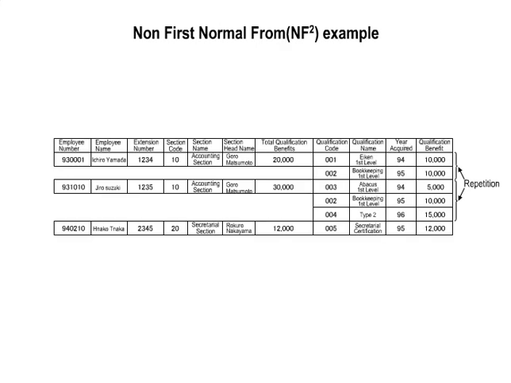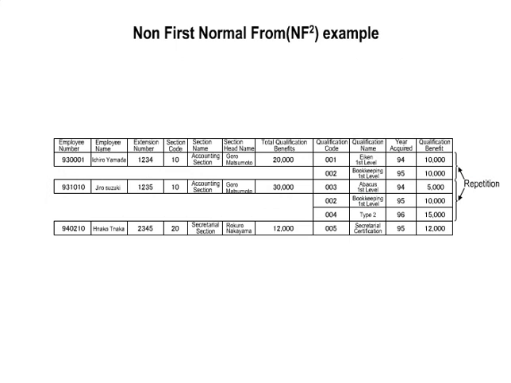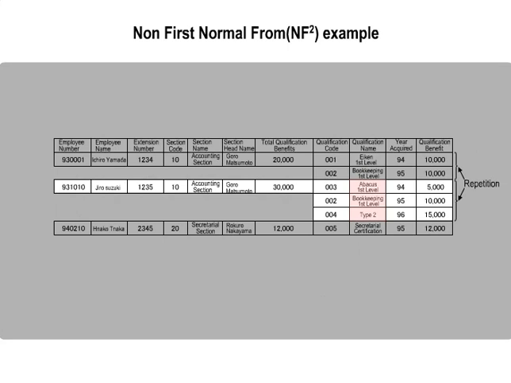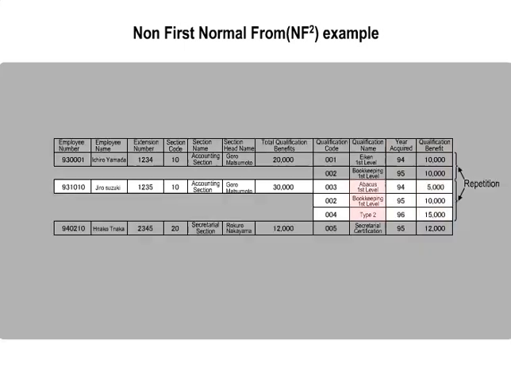In the illustration, an example of non-first normal form is shown, and all records are organized on a per-employee basis. Because of this, when a single employee has multiple qualifications, a set of qualifications data, qualification code, qualification name, year acquired, qualification benefit, is repeated within the record.